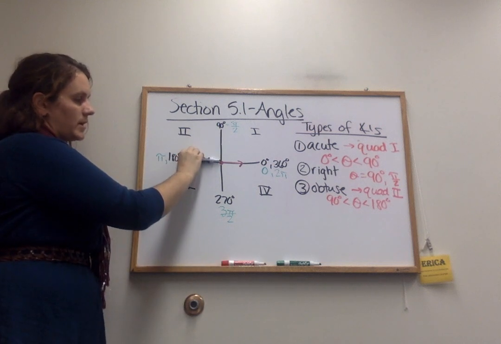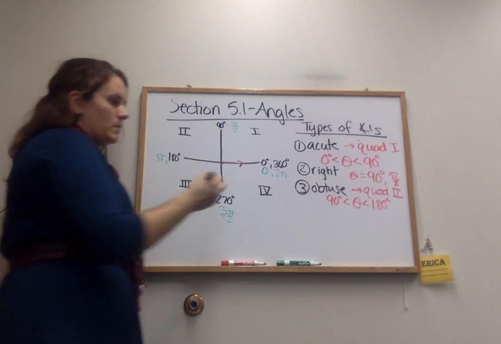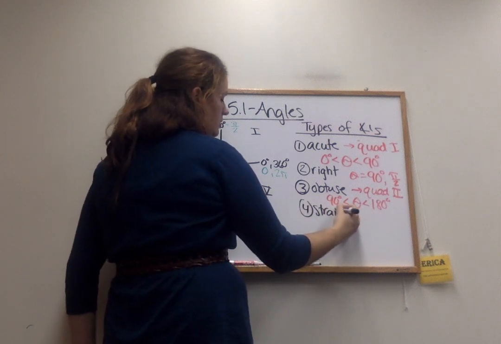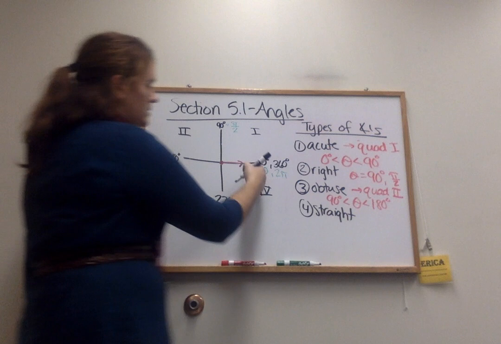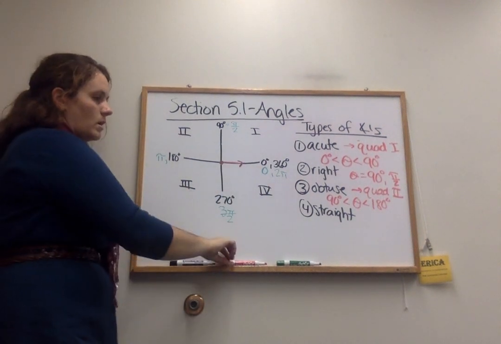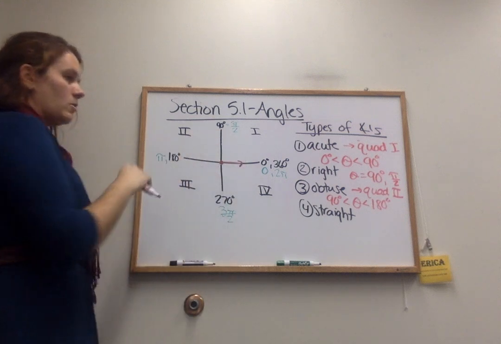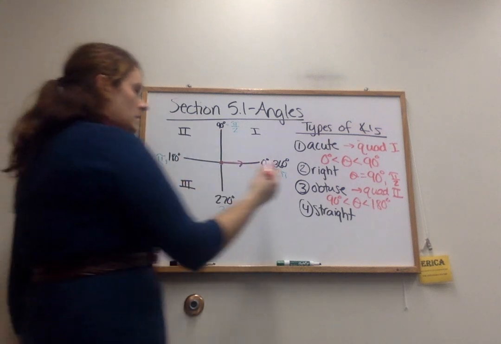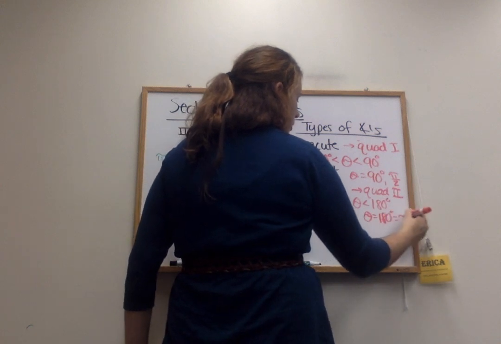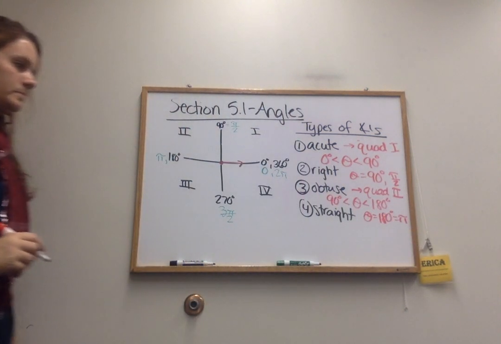Our next quadrantal angle also has a very special name. That is called a straight angle. For obvious reasons, it forms a straight line. So again, not in a quadrant because it falls right on the axis, but this is when theta is equal to 180 degrees, or pi radians.